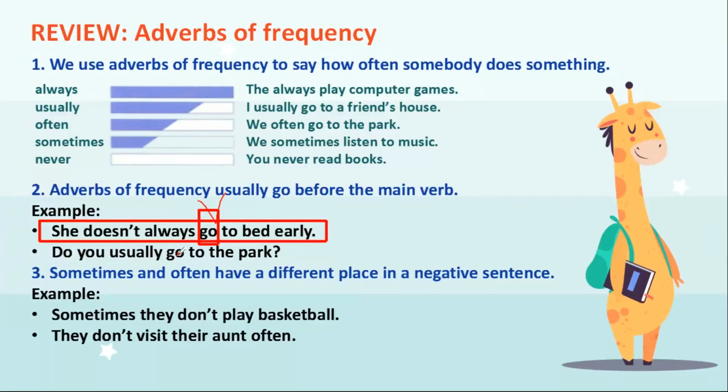Is it before or after the verb? After the verb. Okay, that is before the verb. Verb is go. Look at always. That is before go. When you say after, then always is here, after go to bed, which is wrong.